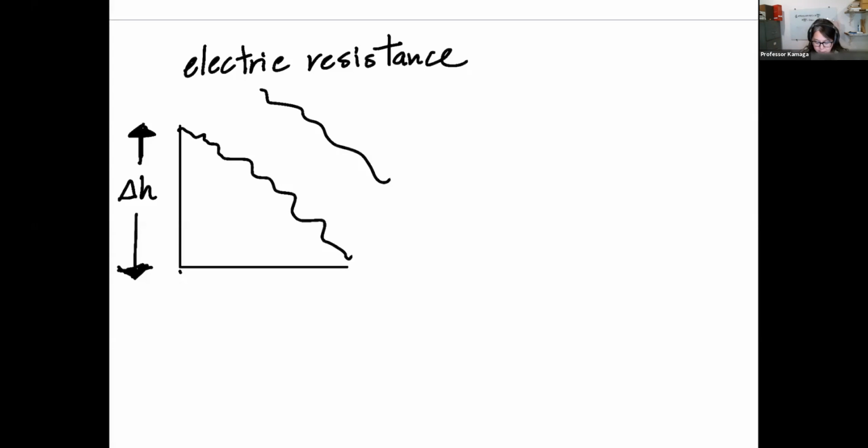Same thing with the electric current, right? When you have the potential difference, then current flows.